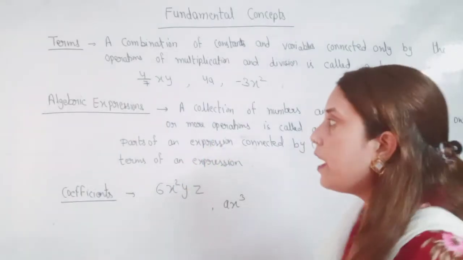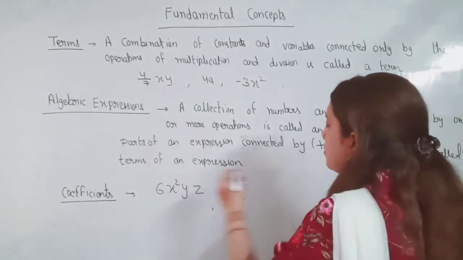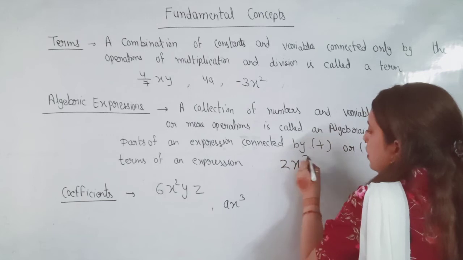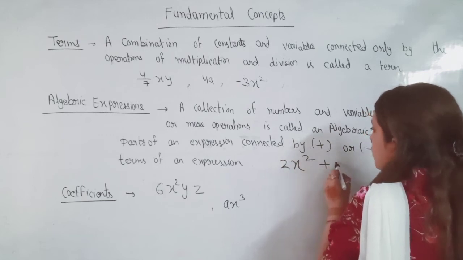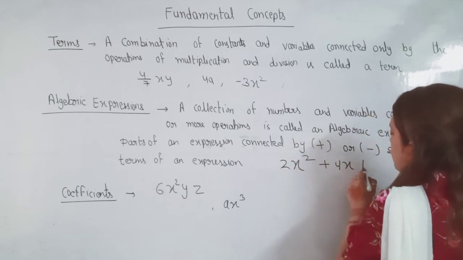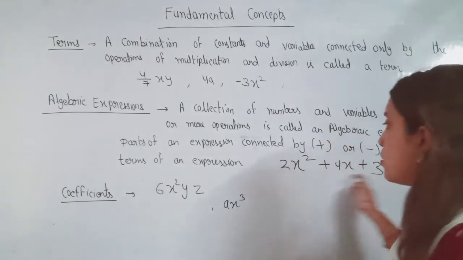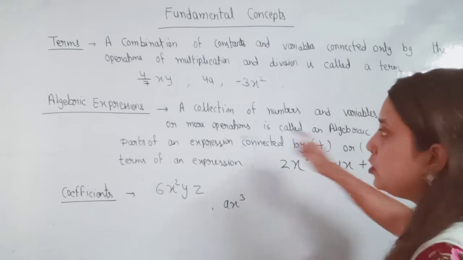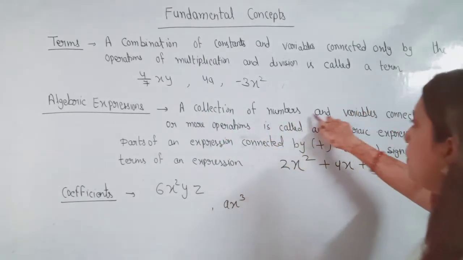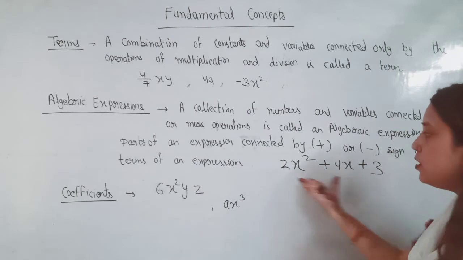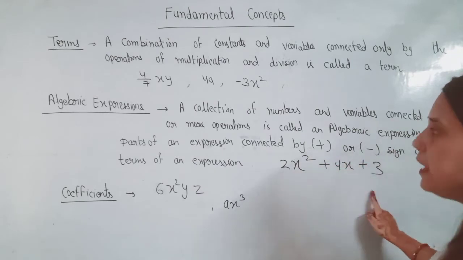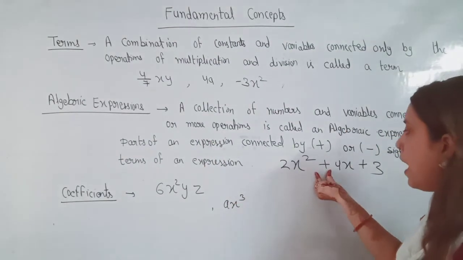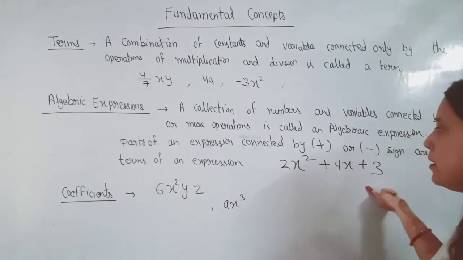Suppose we are having an algebraic expression, example, 2x square plus 4x plus 3. So this is called an algebraic expression, a collection of numbers and variables connected by one or more operations. What is the operation here? Addition, plus or minus sign.